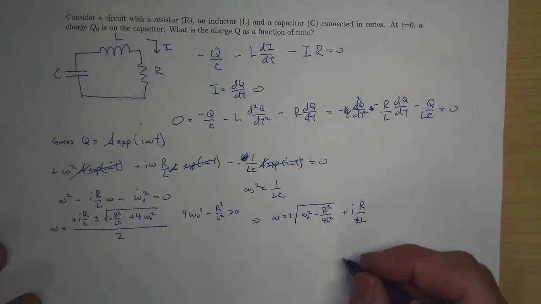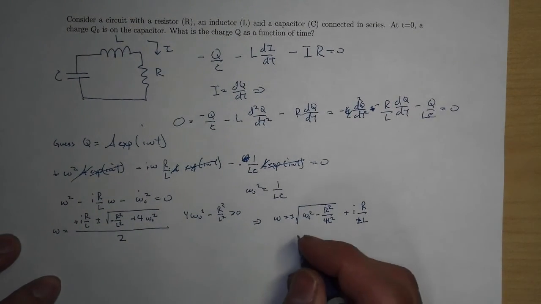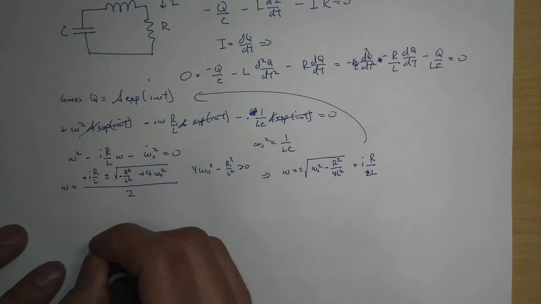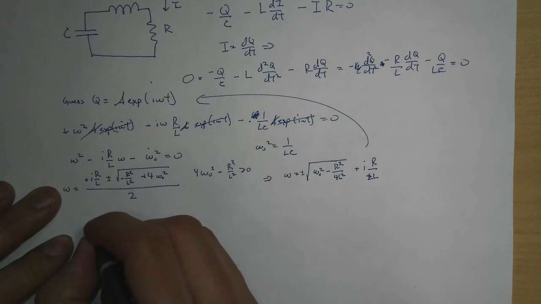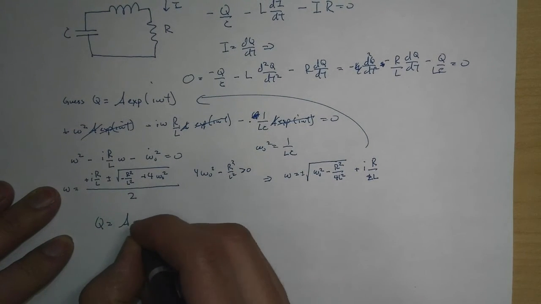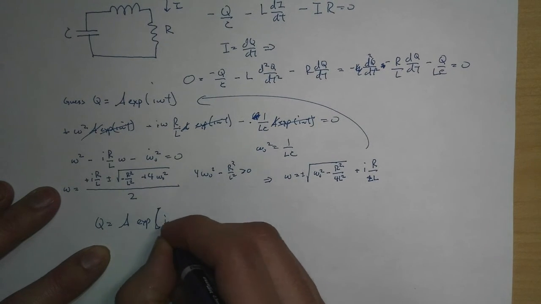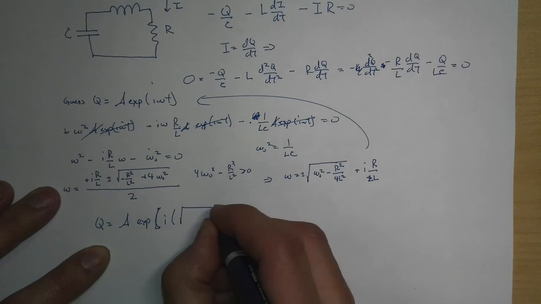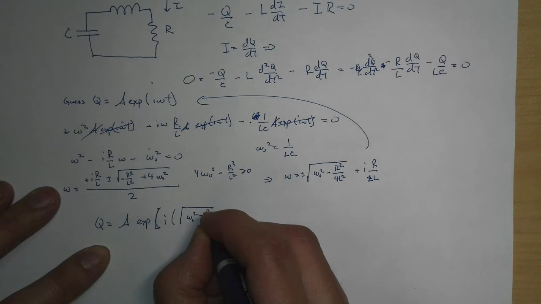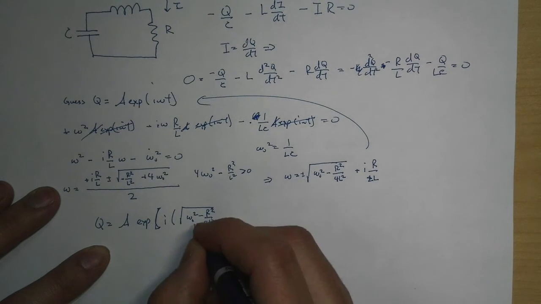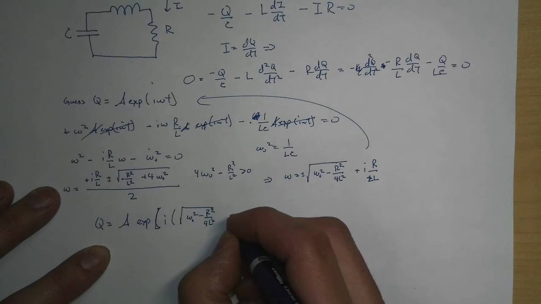Now this is the exact expression, and when we plug it back in, we get Q is equal to A, whichever A it is, exponent I times the square root of omega naught squared minus R squared over 4L squared, plus I R over 2L, times t. I'm just taking one side for now; you could take the minus sign as well.